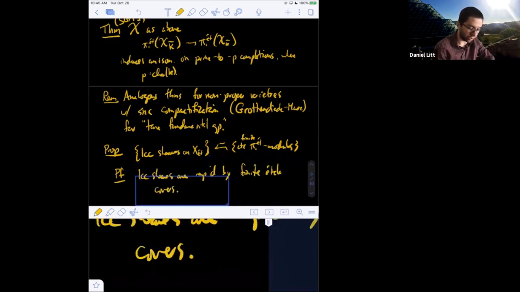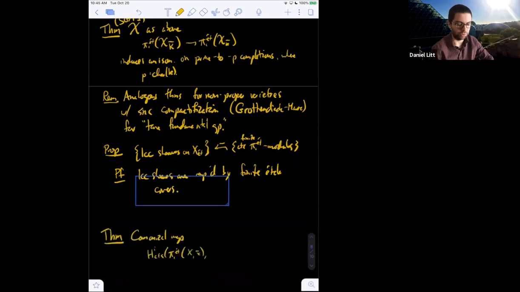I told you earlier that constructible sheaves are represented by quasi-finite morphisms, so one needs to check a little bit that being LCC implies that those quasi-finite things are in fact finite étale. But you can also just prove this directly. An LCC sheaf is locally constant by definition, while a constant sheaf is represented by a finite étale thing. And then you need to use the sheaf condition to glue.